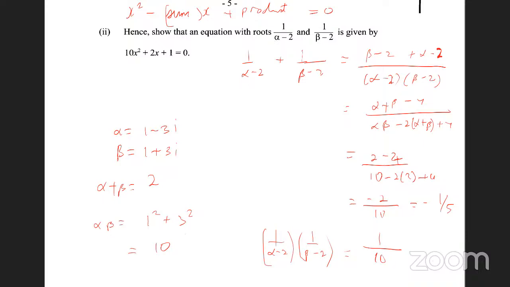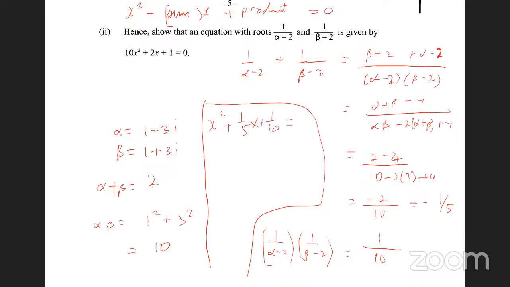So when you substitute it, you'll end up with x squared minus the sum, which is plus 1/5 x, plus the product, which is 1/10. Multiply everything by 10, you'll get 10x squared plus 2x plus 1. That's it, QED.